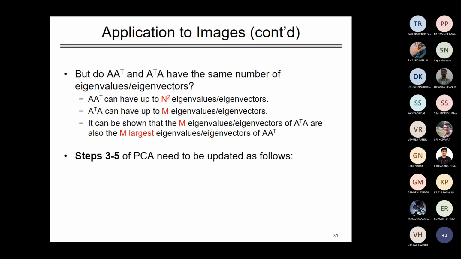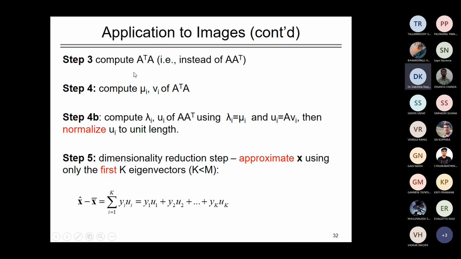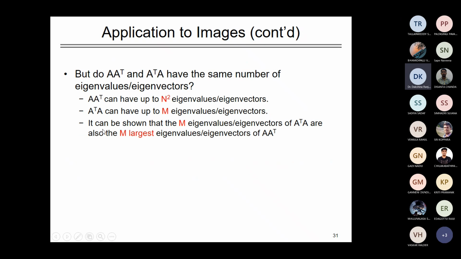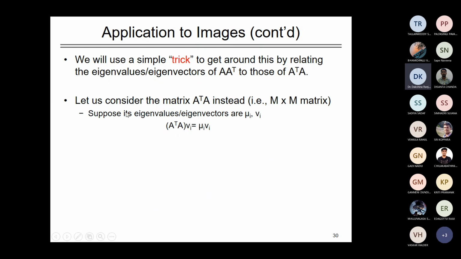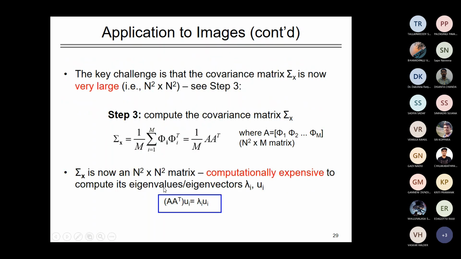Then we will compute A transpose multiplied with A. So here we get the eigenvalues and eigenvectors of the given feature vector, where the covariance matrix multiplied with ui is given by lambda ui. So here we get this covariance matrix.